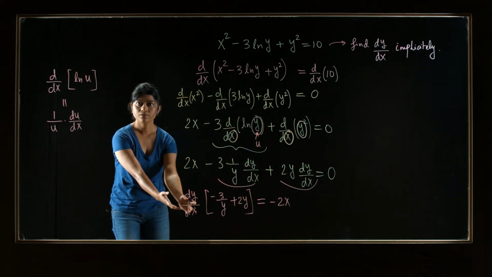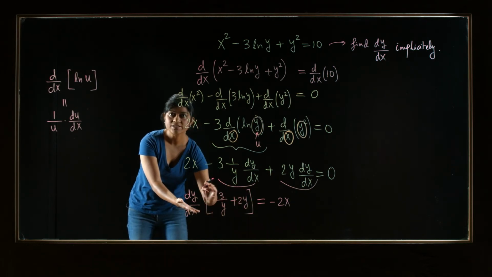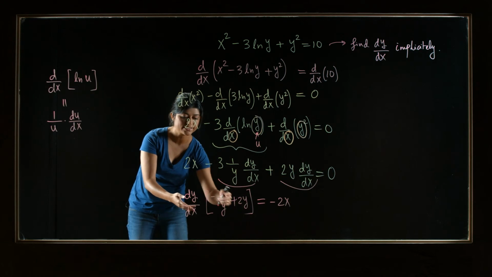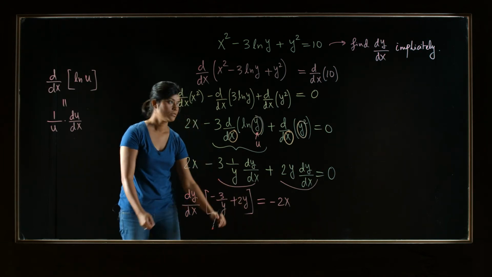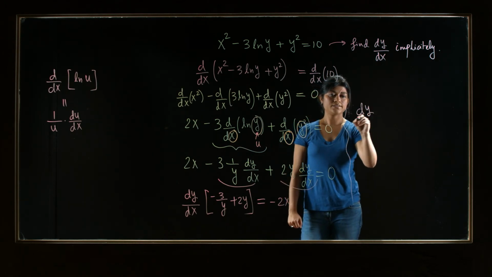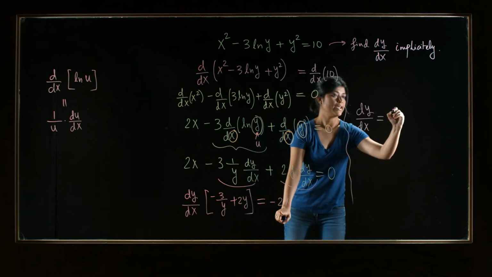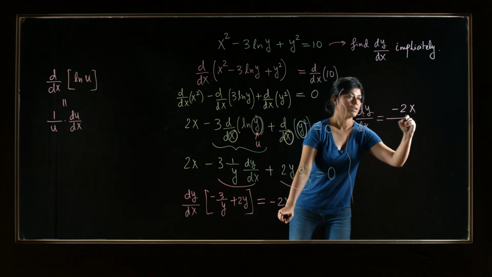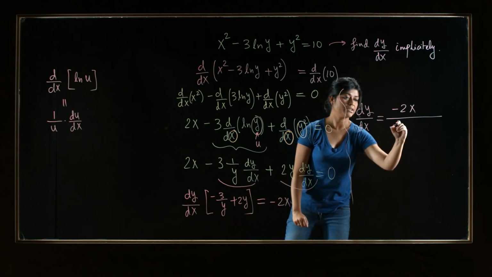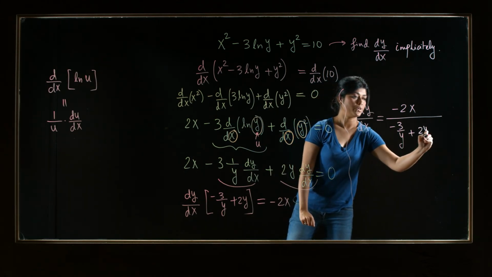And now how do we evaluate dy dx? So you just get rid of this expression that is attached to it by dividing both sides by that expression. And so dy dx will be equal to, right hand side we have negative 2x, and then you divide by this entire expression, negative 3 over y plus 2y.